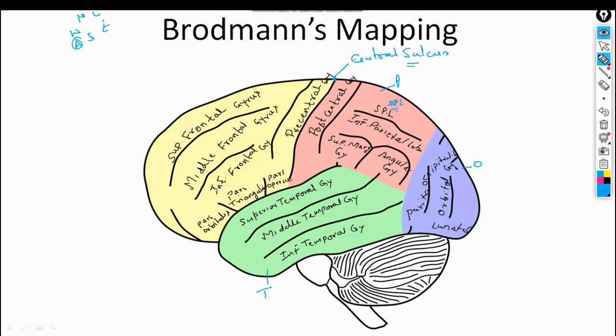Below this is the inferior parietal lobule, and these are two important gyri. The anterior one is known as the supramarginal gyrus, and the posterior one is the angular gyrus.